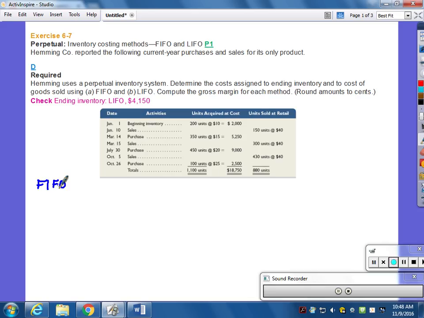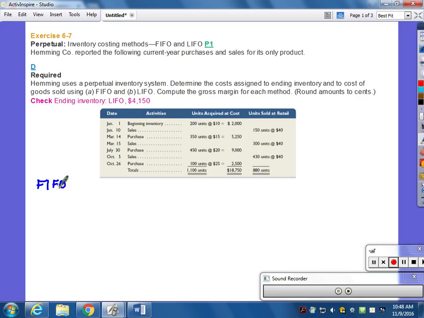And then the sale itself on January 10th, they sold 150 units at $40. But that part for us is irrelevant until the end.